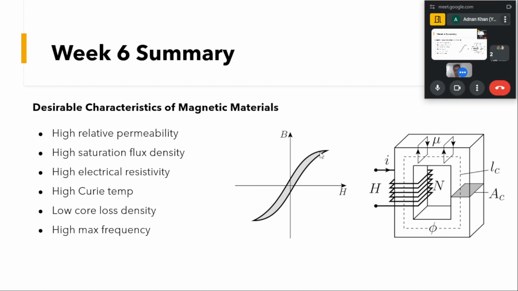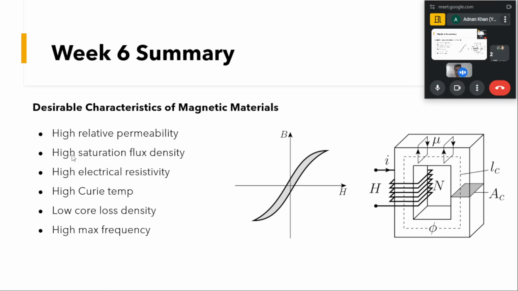As I earlier told, the reluctance has this permeability in the denominator. So the higher the relative permeability, the lower is the reluctance in the path. The lower the reluctance in the path, the more this flux will be confined within the core, and there will be a smaller leakage of this flux, as you will see.